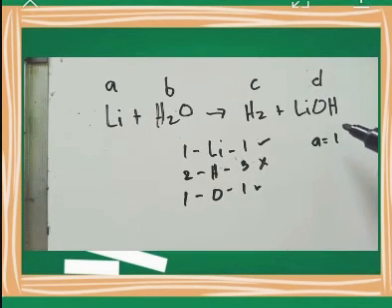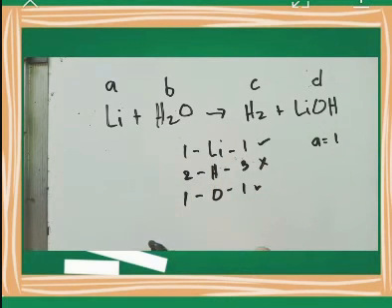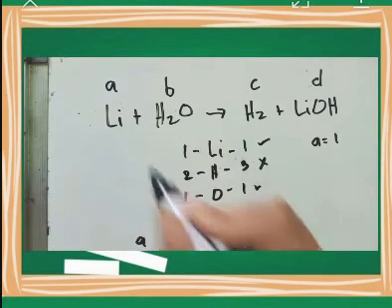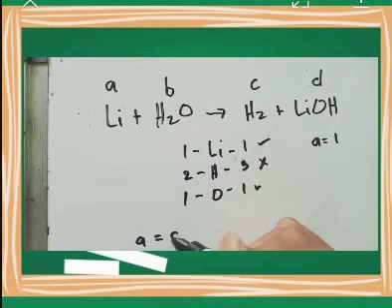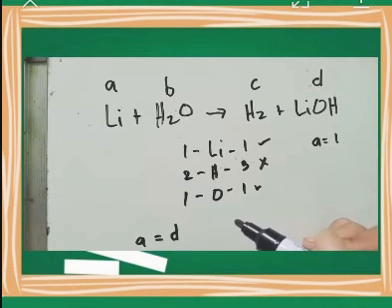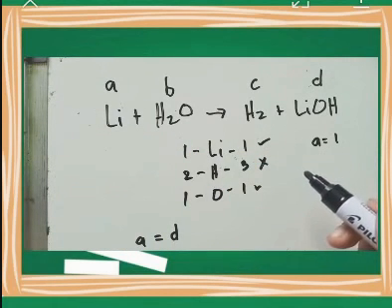Now we have to make an equation. A lithium is equal to D. You have to consider that every element must have an equation.